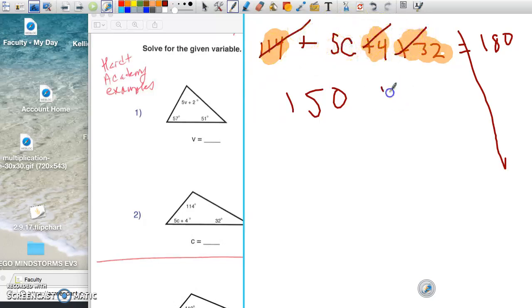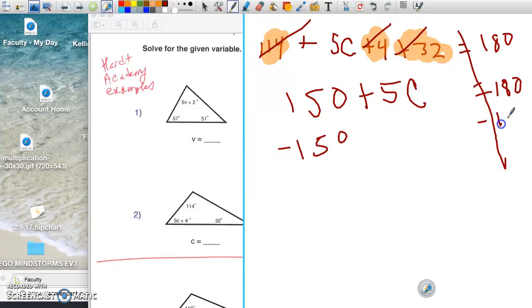Now I'm going to put this down, the 5C. You bring the plus down between because you need a sign between them. Bring down the rest. Now what are you going to do? Get rid of the 150, because remember you're going to do all your adding and subtracting first. It's positive 150, so you subtract. That's going to cancel out.